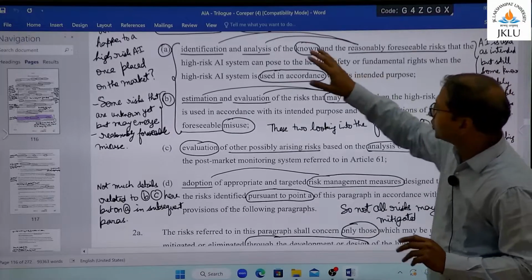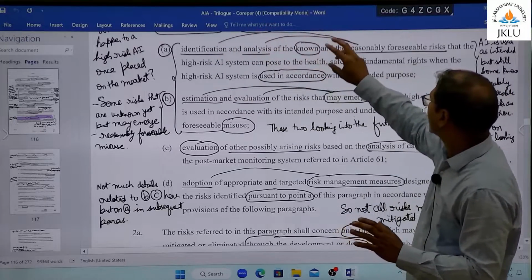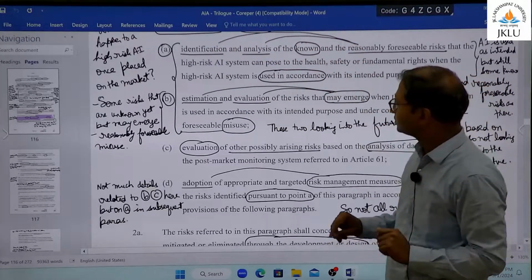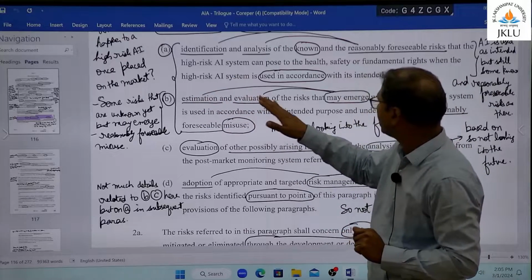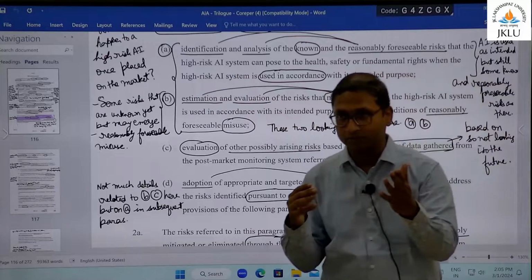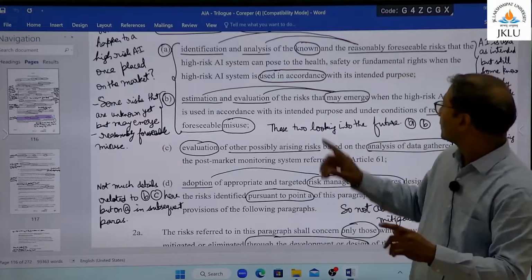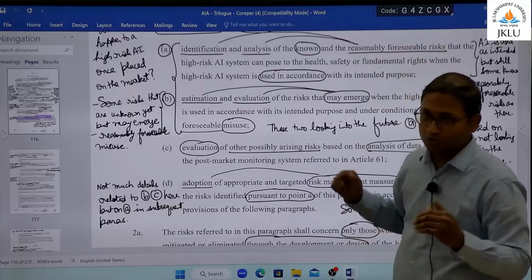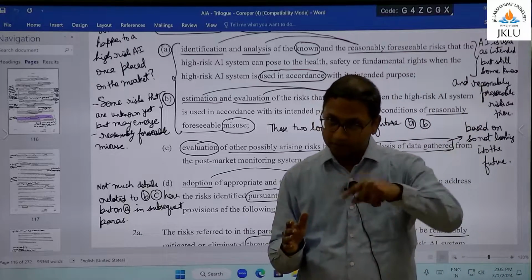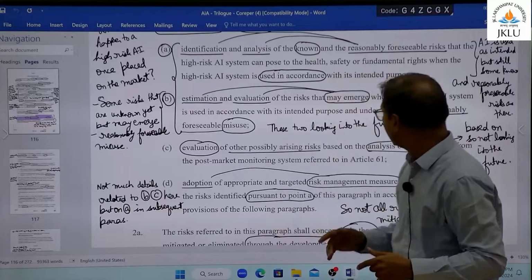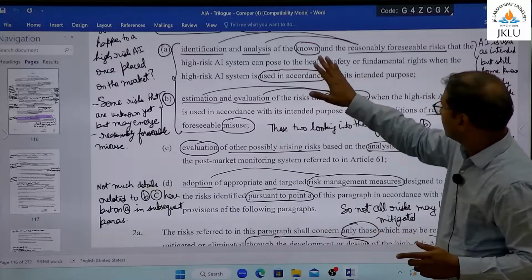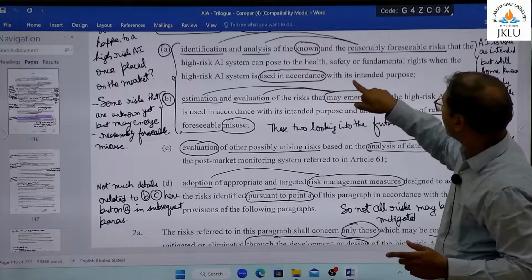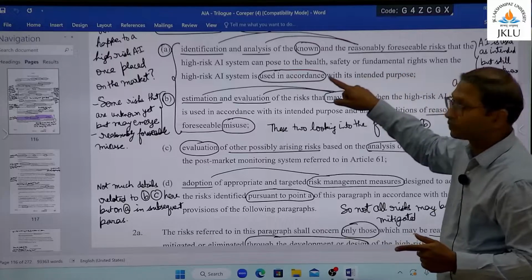Now, you have to identify and analyze the known and foreseeable risks. You have to estimate and evaluate the risks that may emerge. That means they are not known and not reasonably foreseeable, but they may emerge. And this one talks just about use in accordance with the intended purpose.